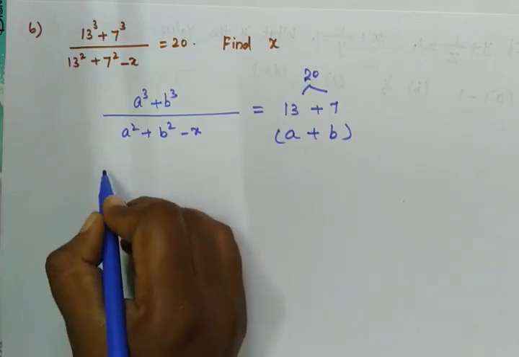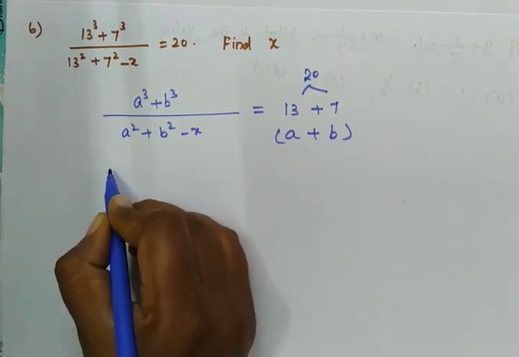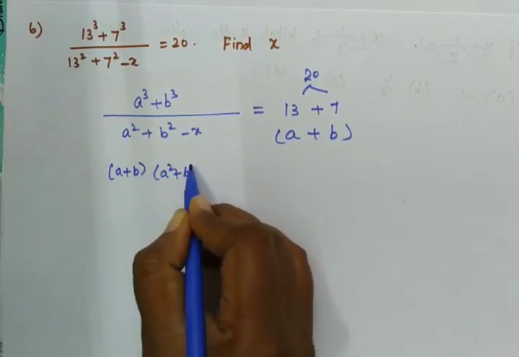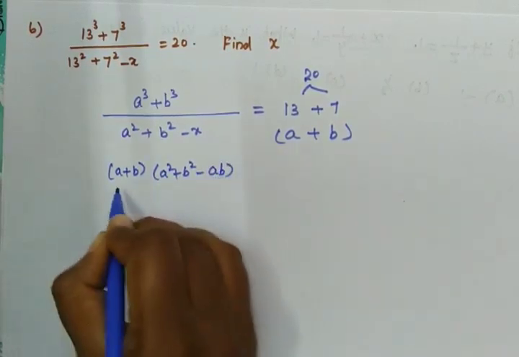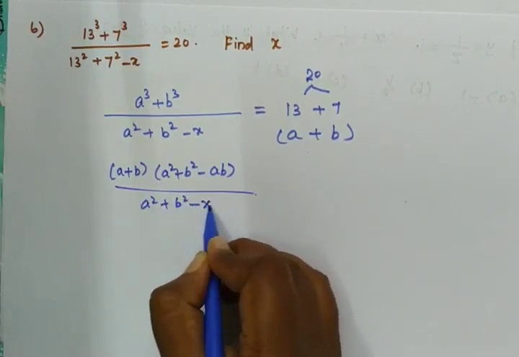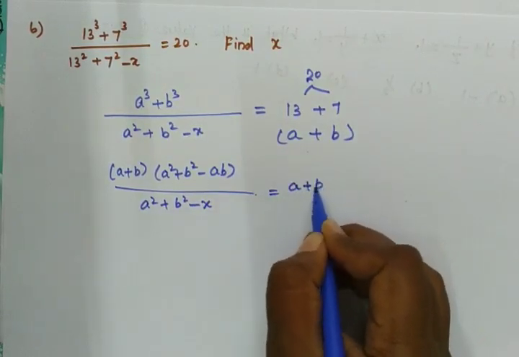Now we can write the equation for a cube plus b cube. Already we know that it is (a plus b) into (a square plus b square minus ab), the whole divided by (a square plus b square minus x), which is equal to a plus b.